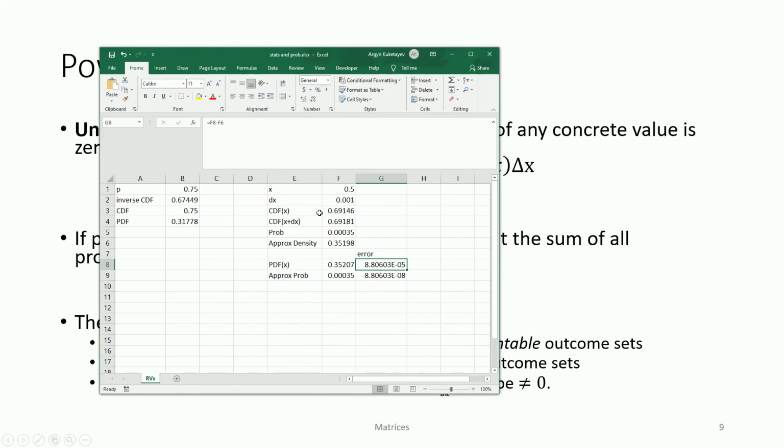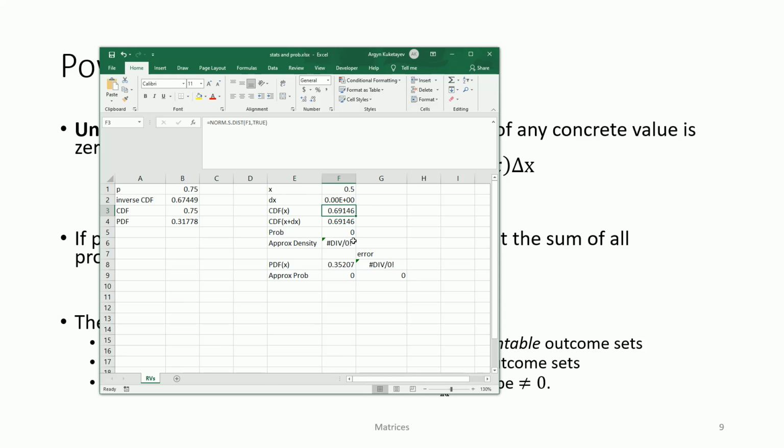How can we see it? Let's plug a really small number here, maybe 1e-9, like a one billionth, one out of a billion. If we plug this number here, we see what's going on with probability. It's becoming very small. If we plug 0 here, obviously the probability will become 0.